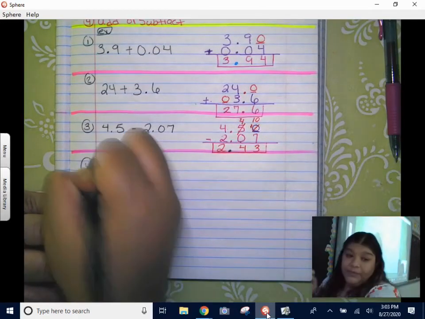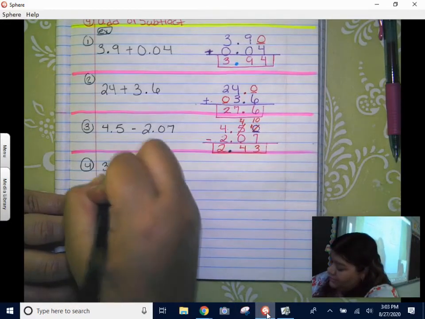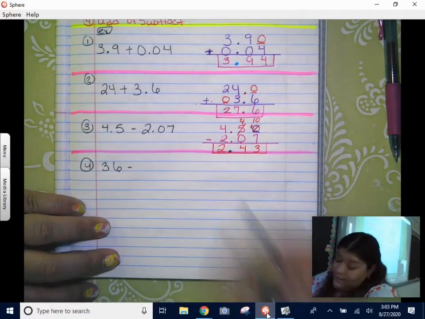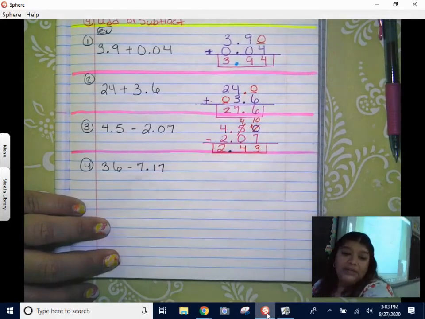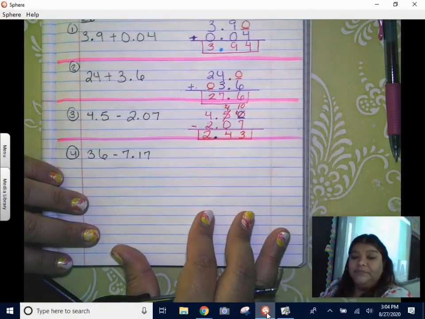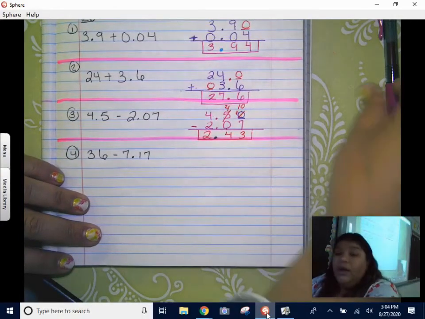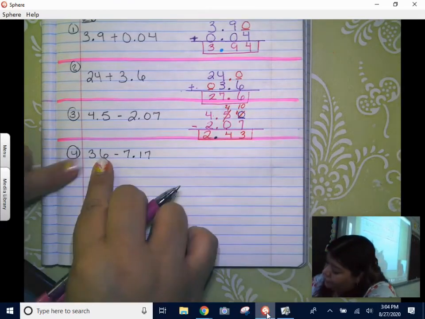One more. Okay? Last one. Let's do 36 minus 7 and 17 hundredths. Step 1. Line them up. So first number goes first.